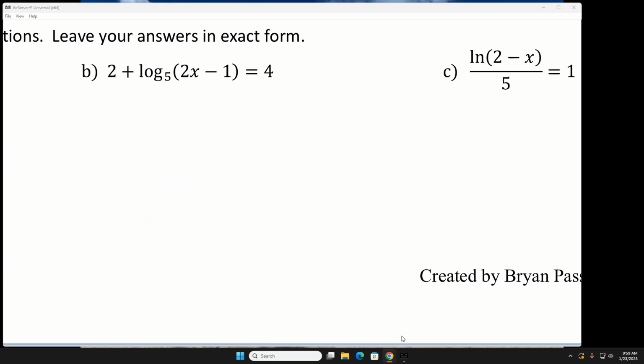The logarithmic expression is this whole thing right here. So all we have to do to isolate it is just subtract that 2. Then we can write it in exponential form.